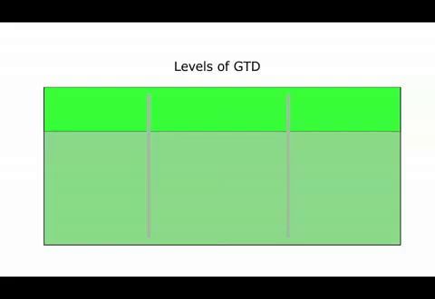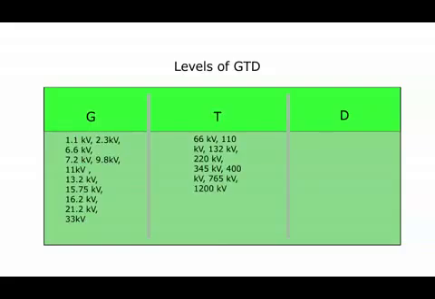There are different levels of GTD voltage levels. High voltages are 33 kilovolts, 22 kilovolts and 11 kilovolts. Low voltages are 400 volts if it is a three-phase distribution and 230 volts if it is a single-phase distribution.